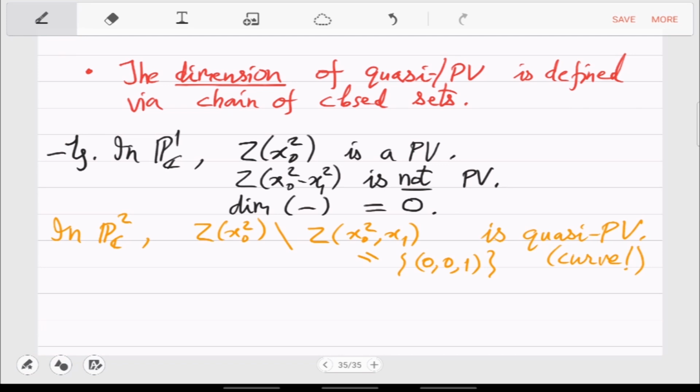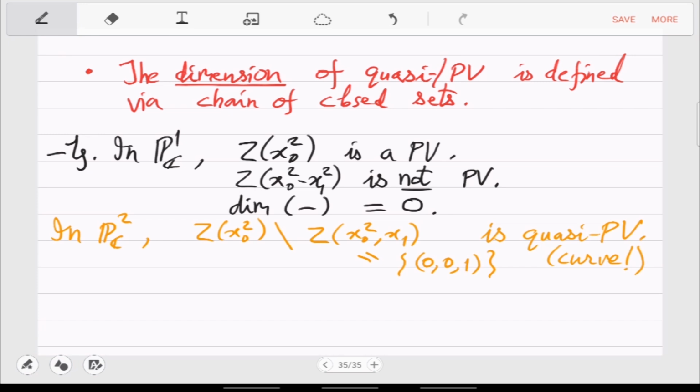In this case, they will be a chain of projective varieties, and the last element is the maximal projective variety sitting inside. Yeah, that's an important point. You want dimension to be geometrically, intuitively correct.